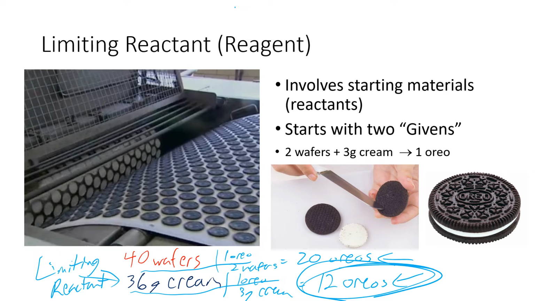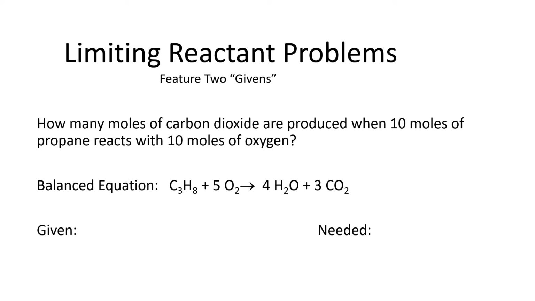All right. So when we go into a chemical reaction, it's not going to be much different than this. You're going to have something like propane and something like oxygen, and let's say you have 10 moles of each, right?